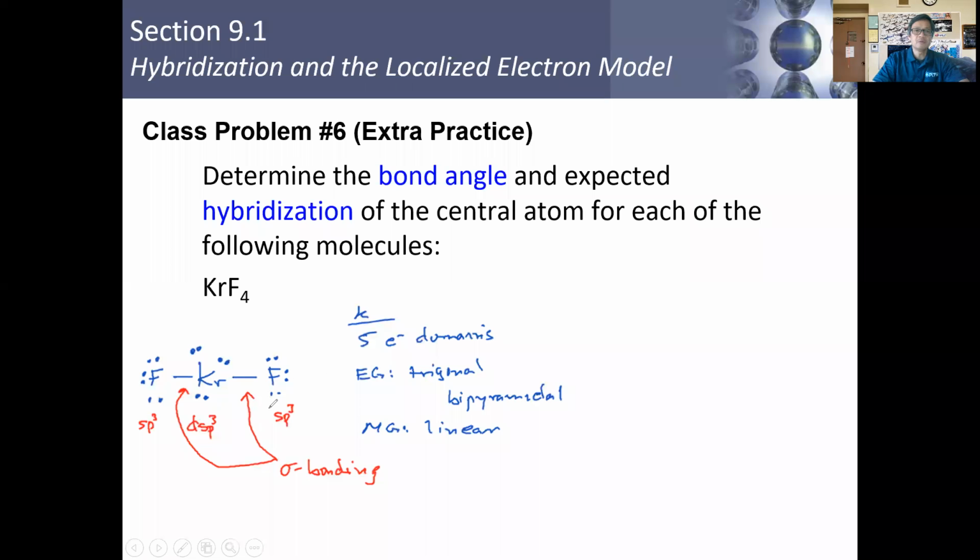Then what we did was figure out the number of electron domains around each atom. With the krypton, if you notice, we have three non-bonding domains and two bonding domains. And how did we know that there'd be two bonding domains? That is, how do we know that there would be two single bonds attaching each fluorine to the krypton?